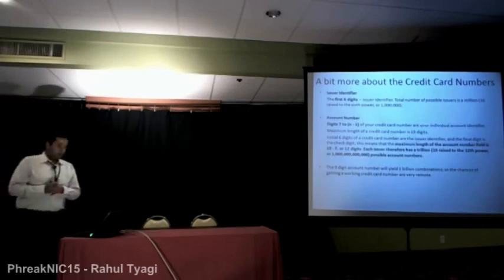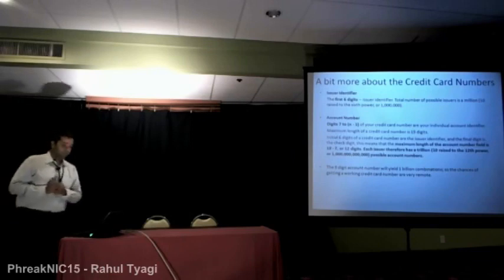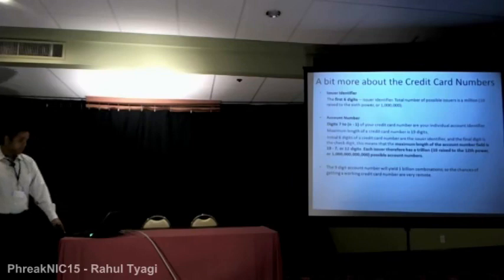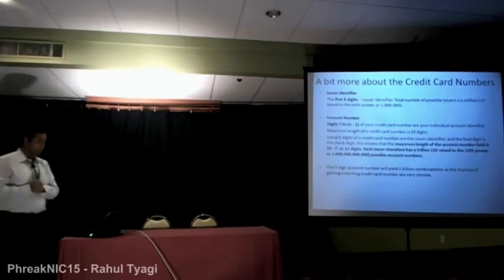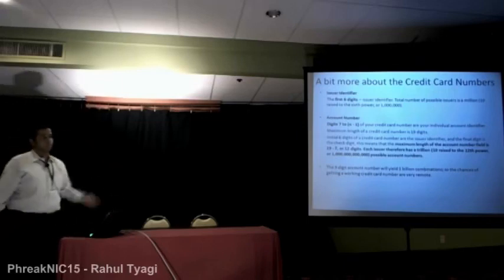With that, you can have possibly millions of issuers that can issue a credit card number. The maximum length of the credit card number can be 19 digits. So digits from 7 to n-1, the last digit being calculated on the basis of the other digits.